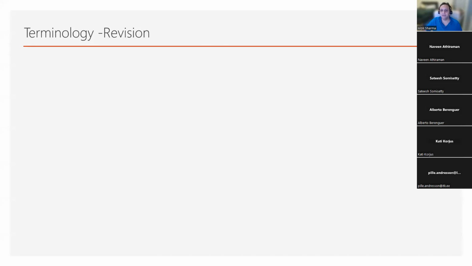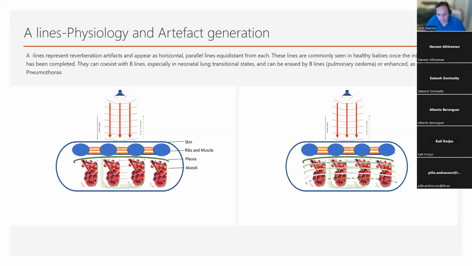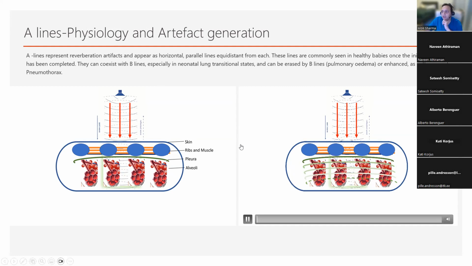So I think what I'm going to do is just refresh a little bit about what we've done so far, very quickly. Now, I'm going to start with the A lines again, to say that we identify A lines as horizontal parallel lines, which are basically a reflection of aeration in the lung. But what they basically reflect is reverberation artifact of the pleura.